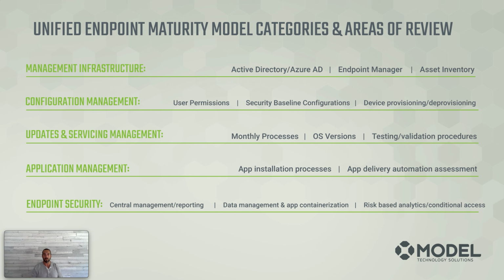The bullets to the right-hand side are just some examples of what we're referring to when we say management infrastructure. And again, this video is just touching the surface of what it means to have a management infrastructure in a repeatable or level 2 phase, which is what we're going to dive deeper into. There will be videos on all of the other sections as we continue to release them. Be sure to check them out.